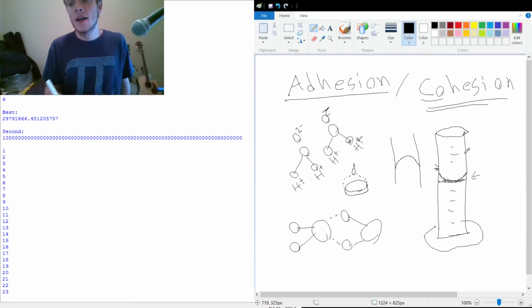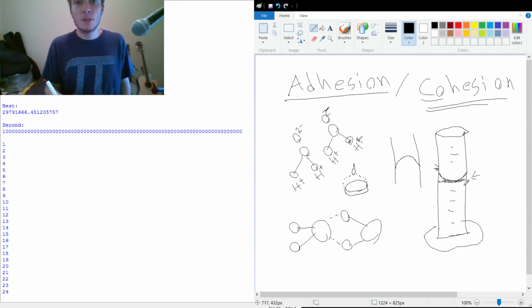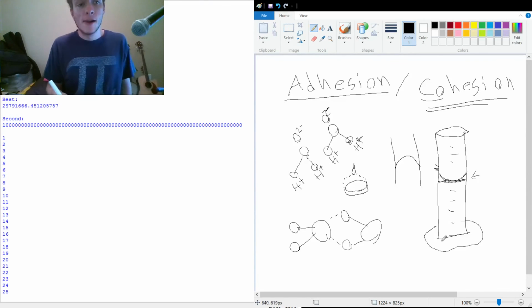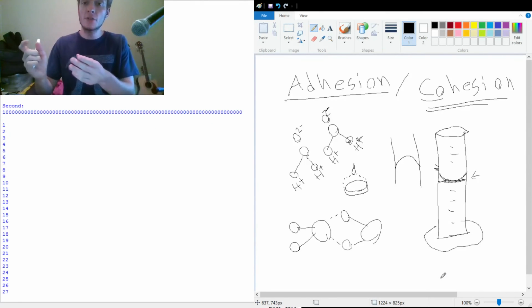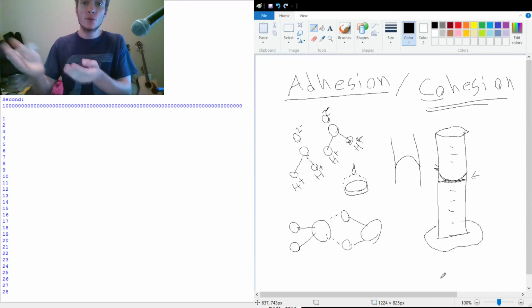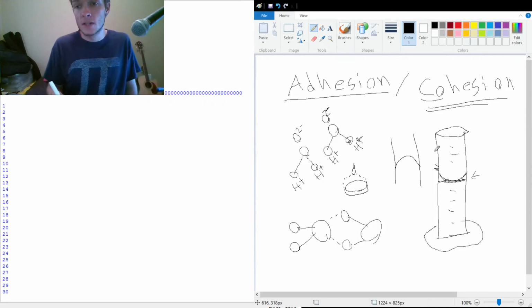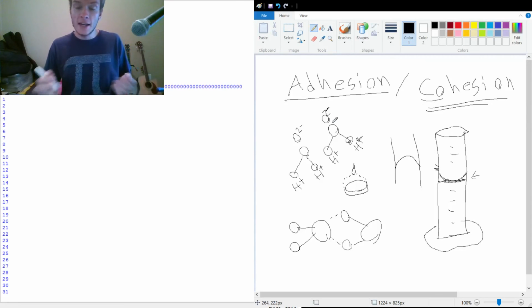This is simply because of these effects. So the water will actually be attracted to the material and then continually move up into the rest of the material. So that's adhesion and cohesion.